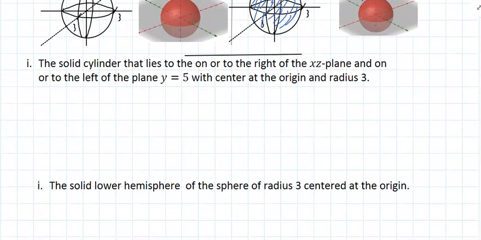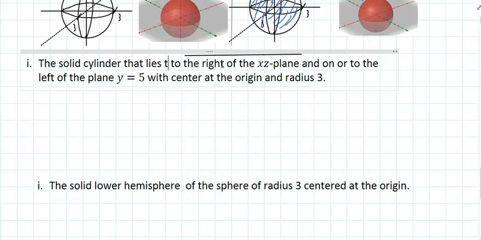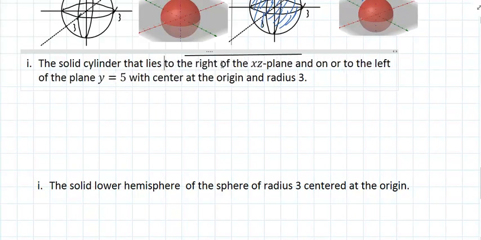And now if I wanted to write an equation myself, I want a solid cylinder that lies to the right of the XZ plane.